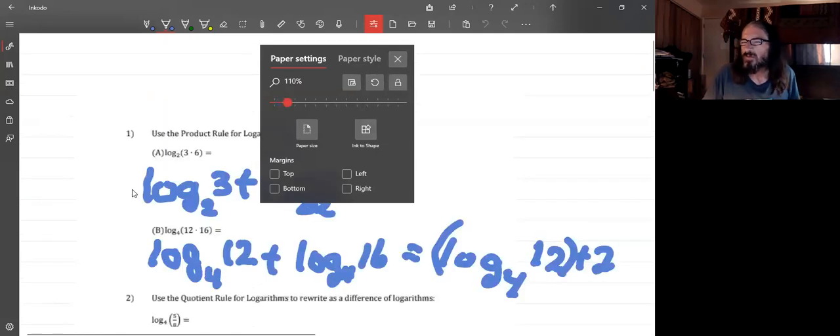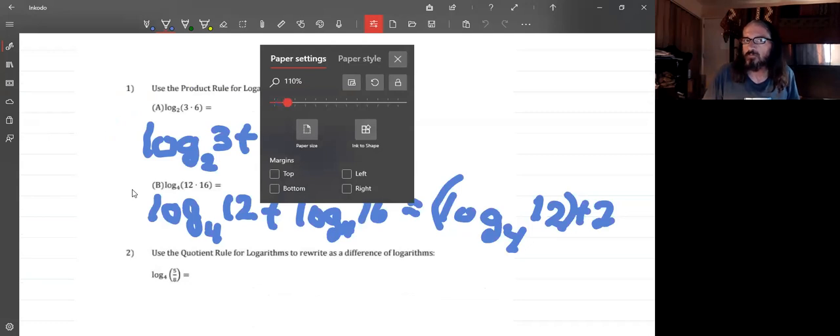So again, that was log of 5/8 base 4. And when writing the difference, just like the order of division matters, the order of subtraction is going to matter.